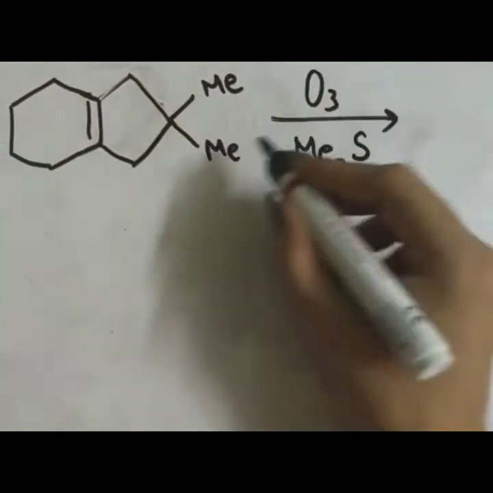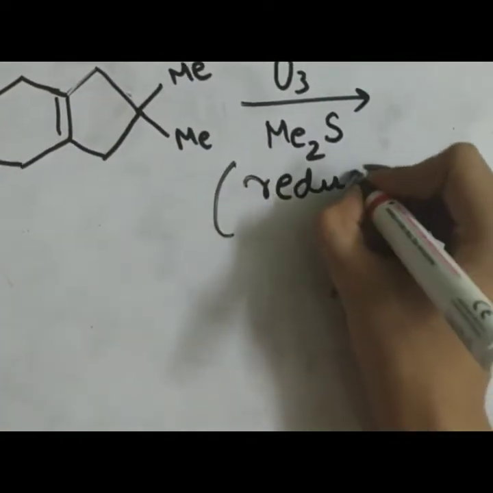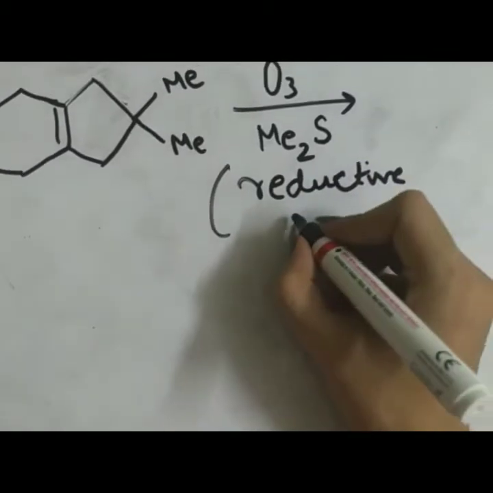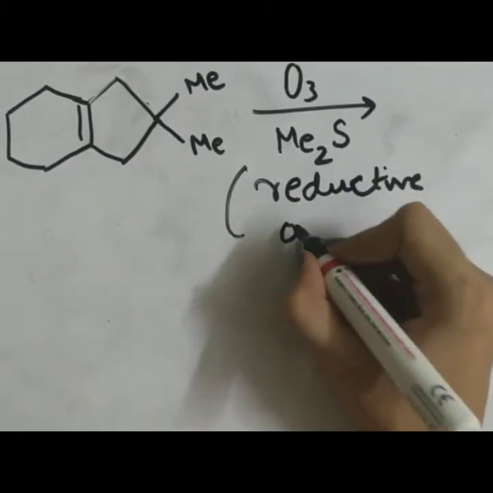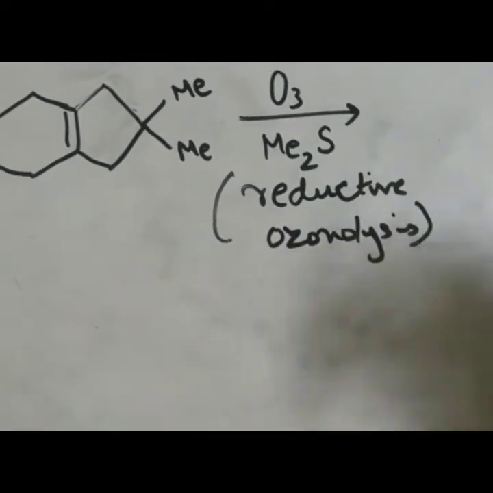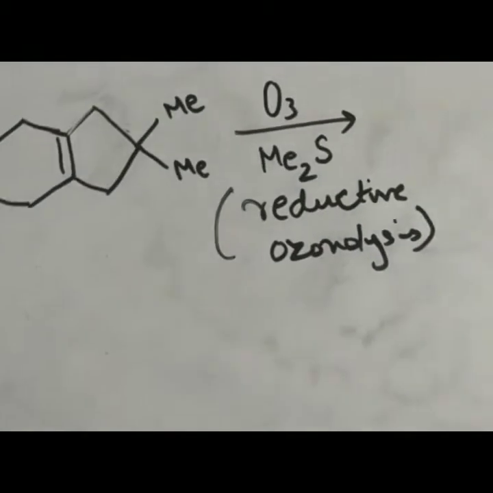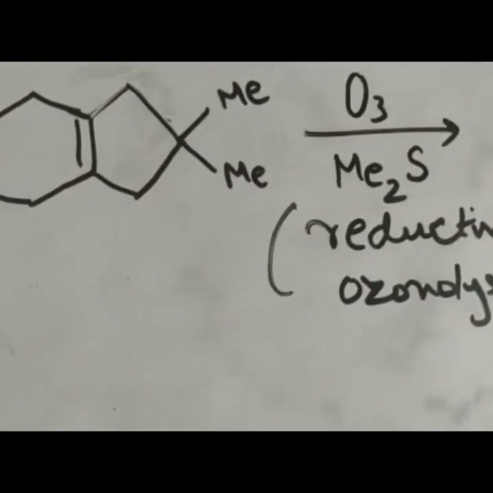So see, the first step here is addition of ozone and Me2S, which is reductive ozonolysis. Without getting into detail in mechanism, I'll just show you how we do it. If you're preparing for any entrance exam, it is very difficult in exam time to cover the mechanism also.